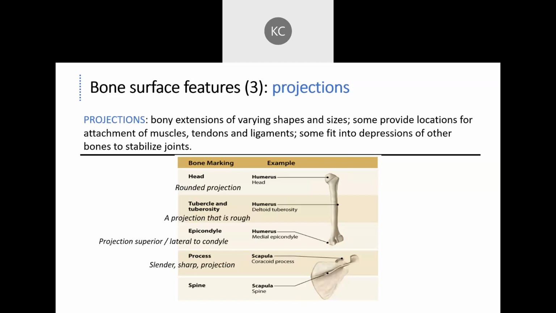You also have ones called epicondyles. So an epicondyle is referring to a region above a condyle or lateral to it. And so a good example of this is one called the medial epicondyle. You can feel the medial epicondyle very, very easily. Right. So if you stick your arm out straight with your palm up, and you feel on the medial aspect of your elbow, around kind of where your funny bone is, you should feel a very large bony projection.